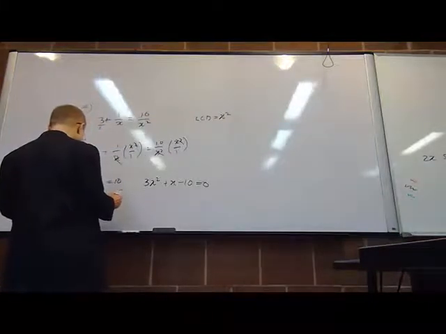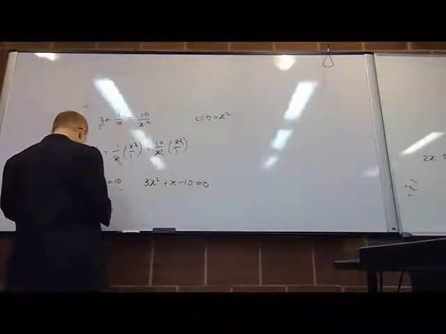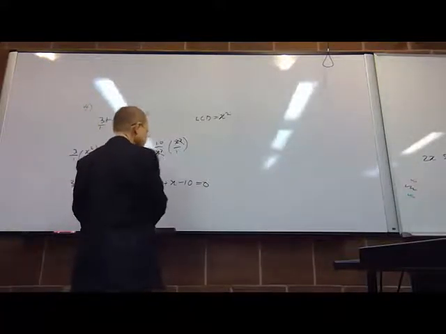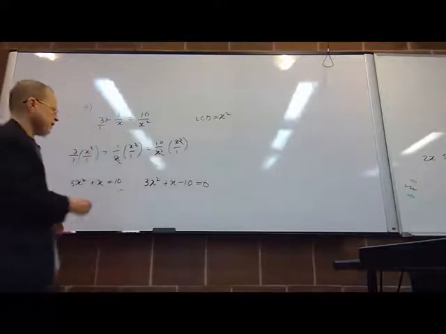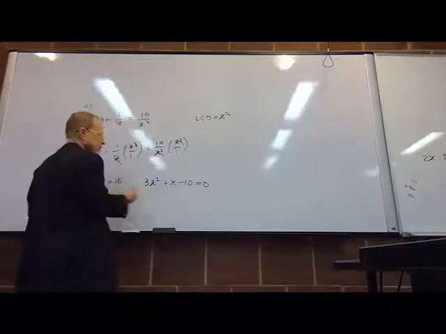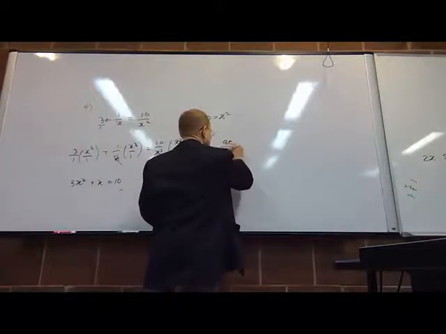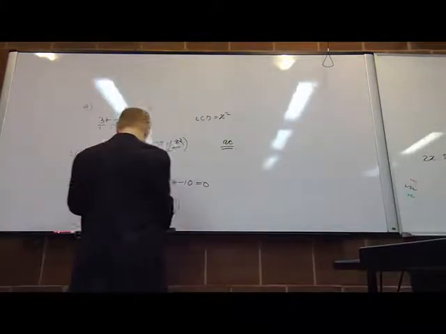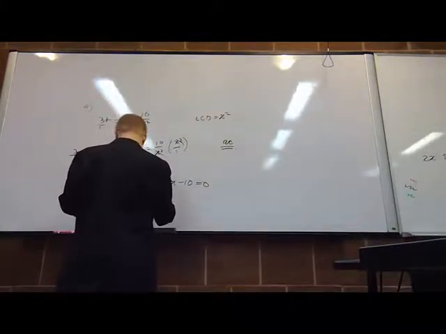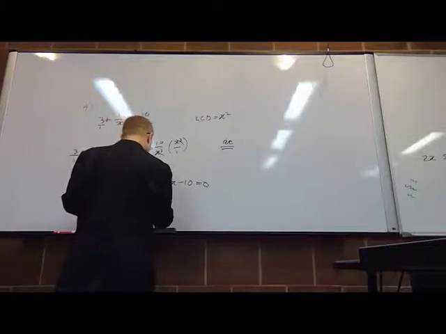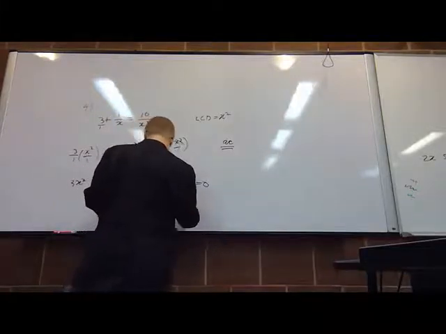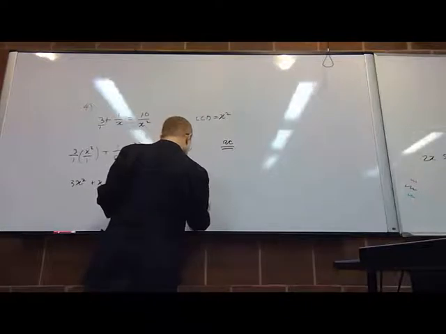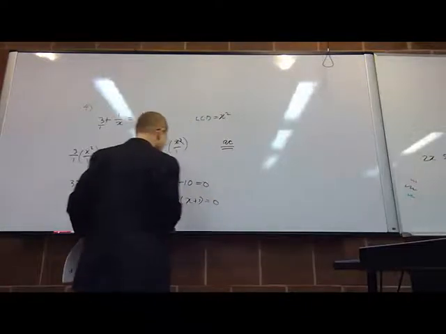I find that when I factor this, after going through the whole factoring technique that I showed you earlier, because I can't simplify this, I'll have to use the AC method. And so I find that the factors for this one are 3x minus 5 and x plus 2 is equal to 0.